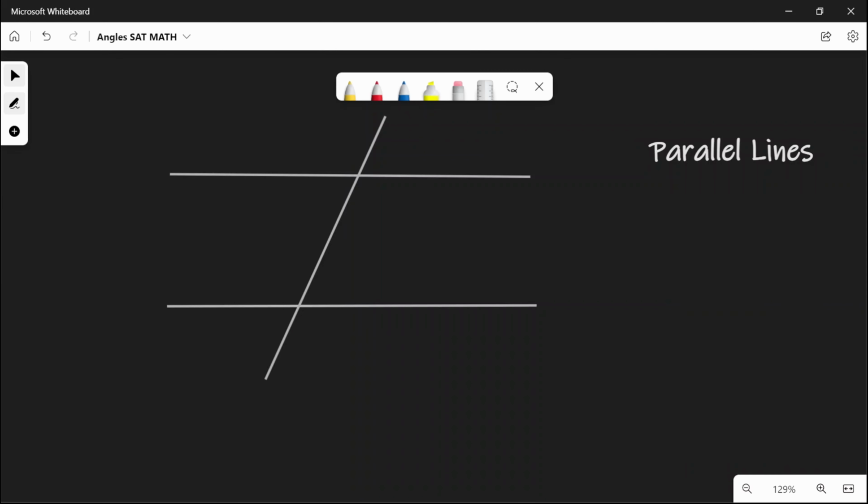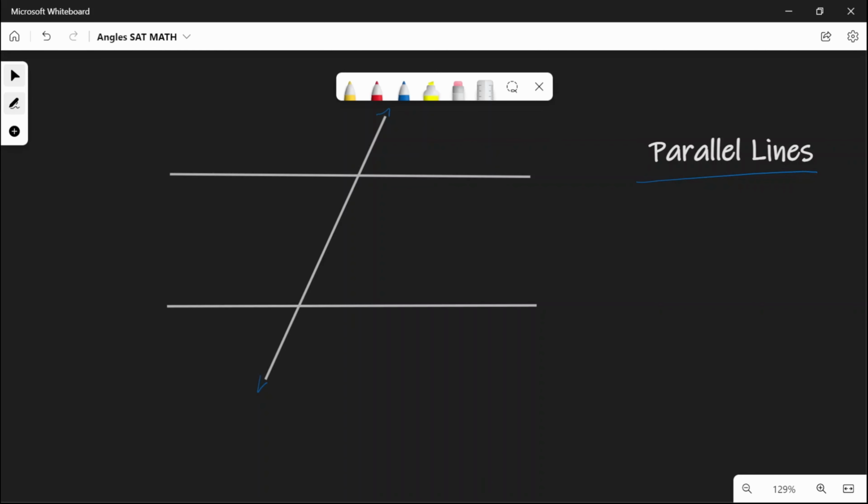Now what about angles that are formed by a line crossing two parallel lines? So this is a line, and as you can see, it crosses two lines that are parallel.